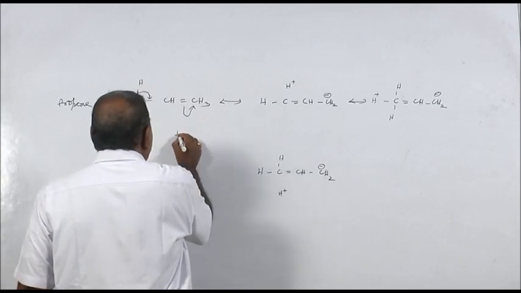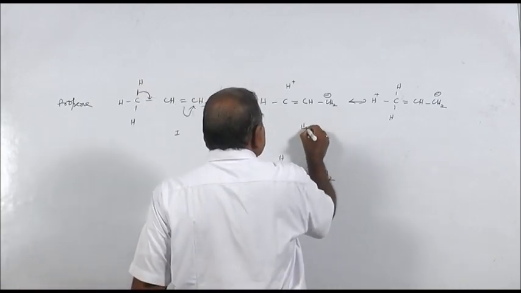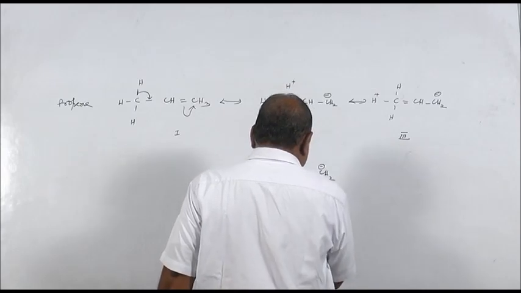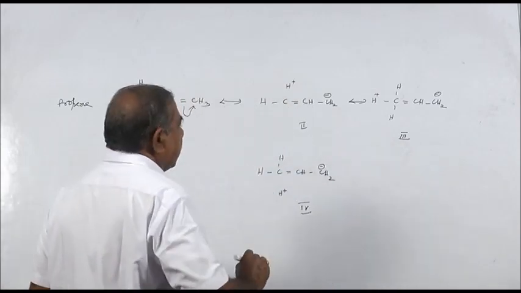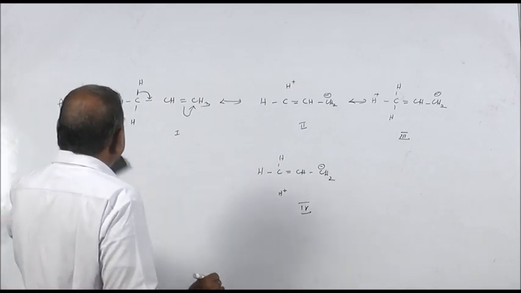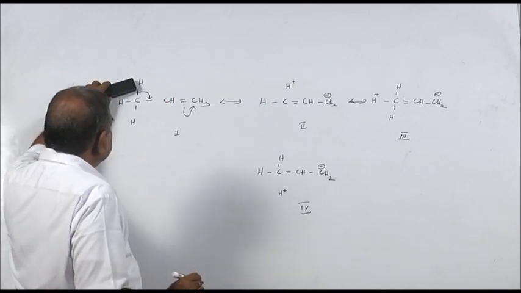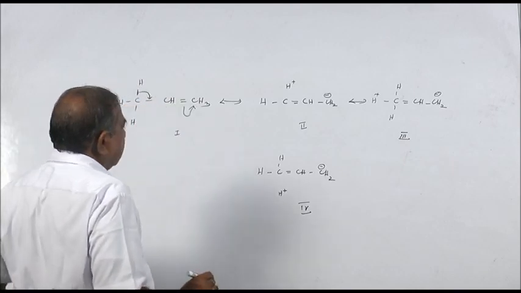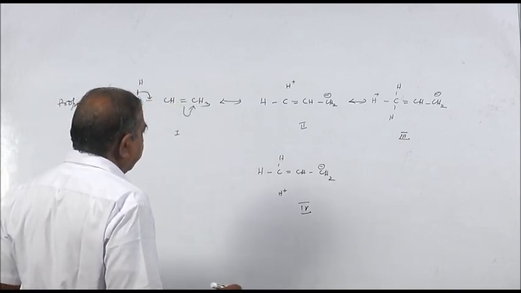So structures 1, 2, 3 and 4 are 4 different hyperconjugated structures of propene, where you can find the carbon hydrogen sigma bond electron is shifted towards this unsaturated system.